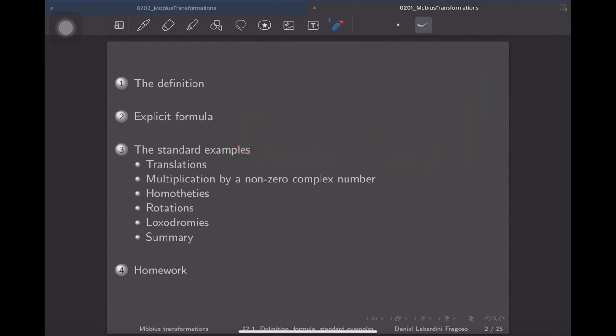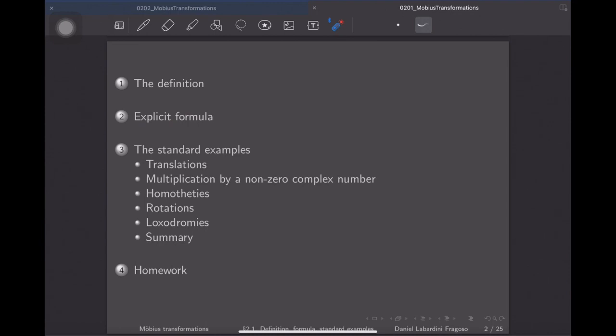That's something nice about having a conceptual definition: one can prove this in a rather straightforward way. But of course, to work with examples, one needs an explicit formula.